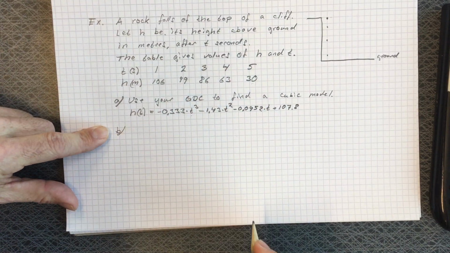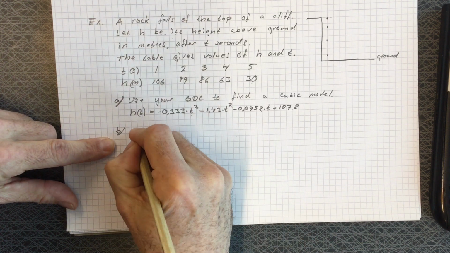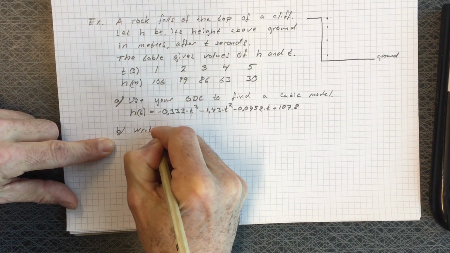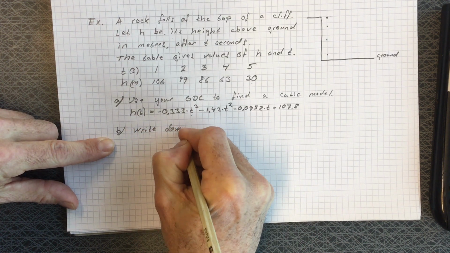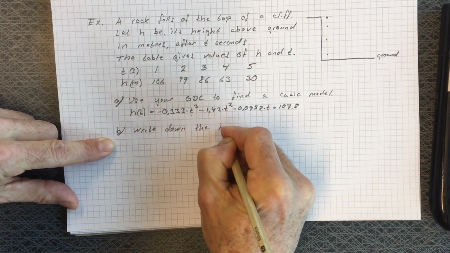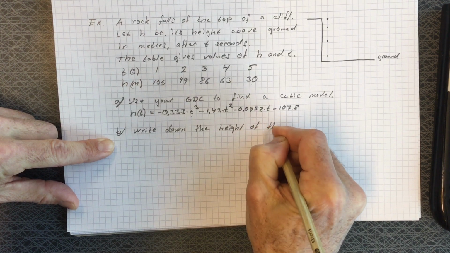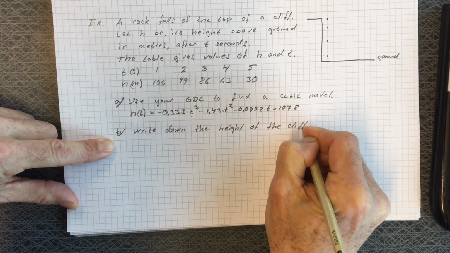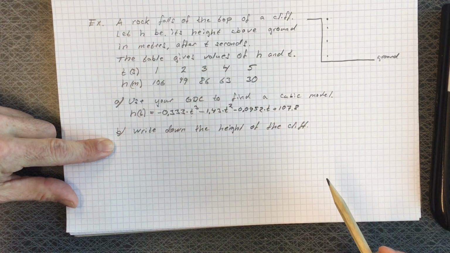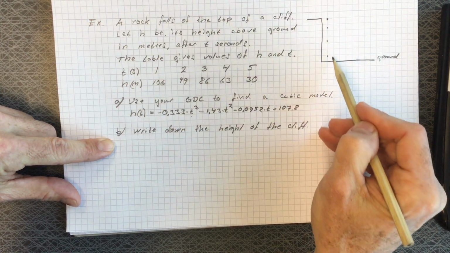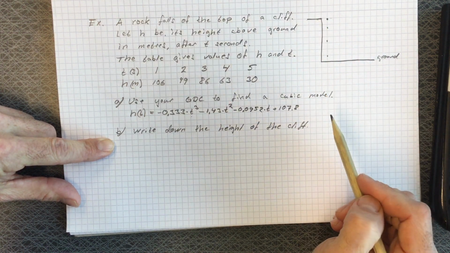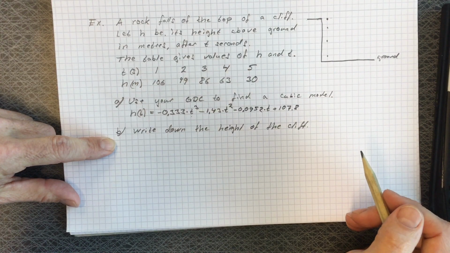Okay, the second question. Write down the height of the cliff. The height of the cliff. You can see it here. This is the height of the cliff. How do you find that?